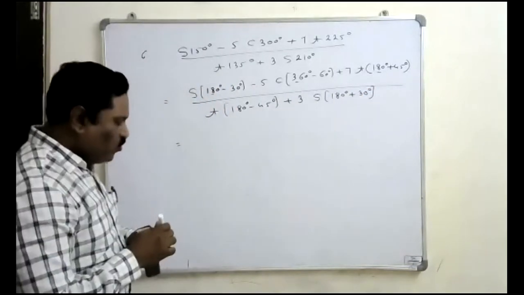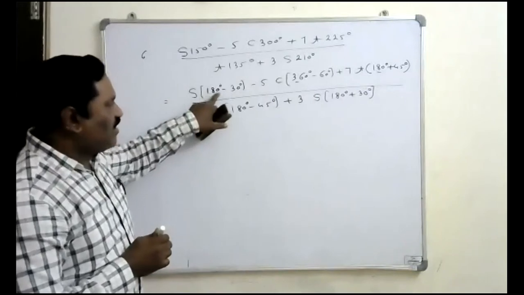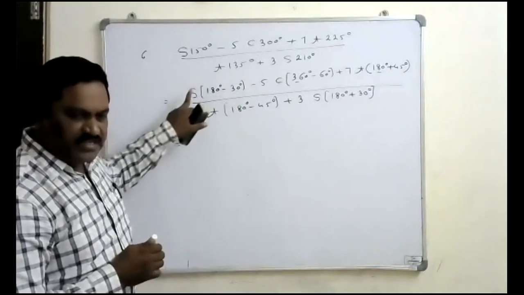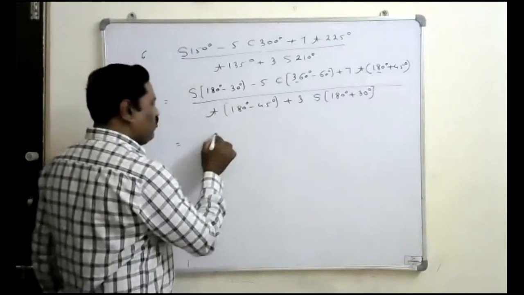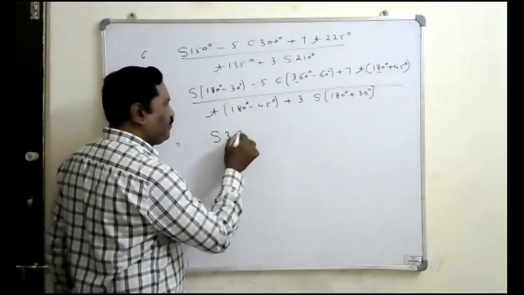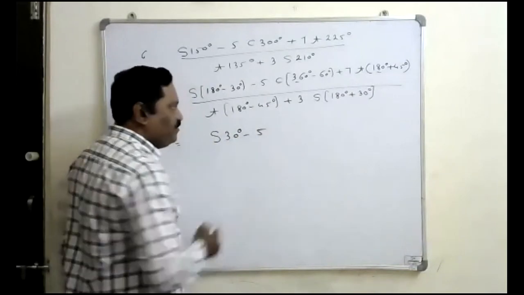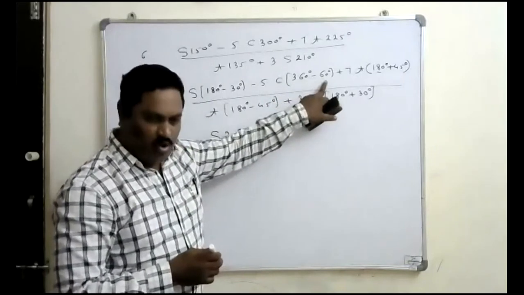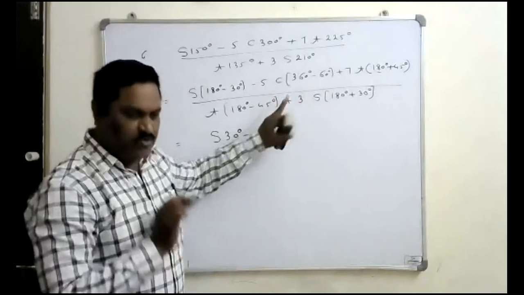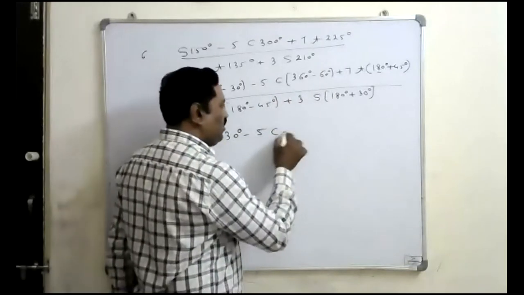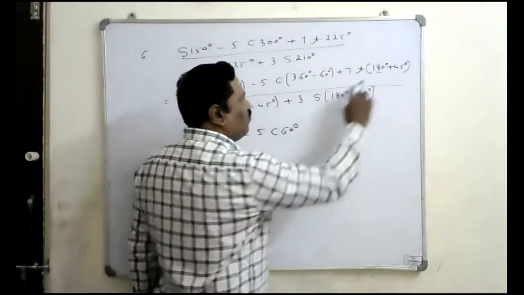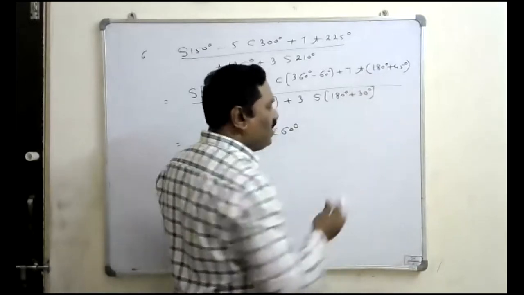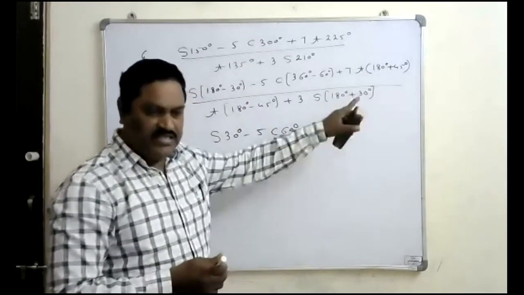Now, 180 minus, this is the angle of the second quadrant. Sine is positive. That's why this is equivalent to sine 30. Minus 5 times 360 minus, this is the angle of the fourth quadrant. Cos is positive. That's why this is cos 60. 180 plus, this is the angle of the third quadrant. Tan is positive.